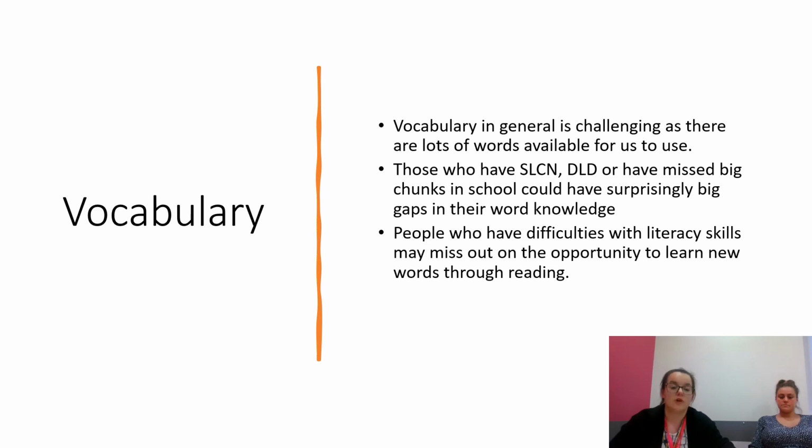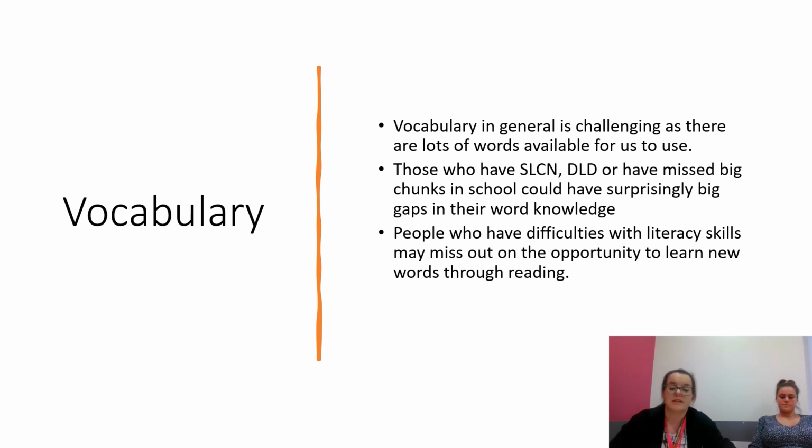And vocab generally for everybody is really tricky because there's lots of words for us to use and there's lots of different words that all mean the same thing, so it can be a tricky thing for children to get their head around. And we find specifically those that have speech language communication needs or developmental language disorder have often missed big chunks in school for various reasons, anxiety because they're behind their peers or they're just not understanding what's going on.